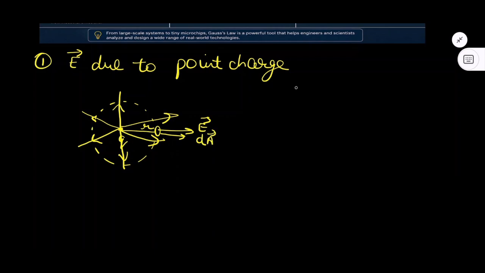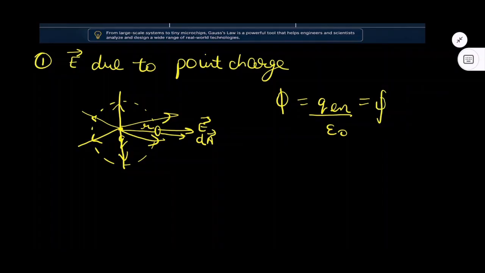Now from the Gauss law, we can say that flux is equal to the charge enclosed upon epsilon naught, and we also know that flux for the closed surface will be the integral of E dot dA, right? So we can solve this integral and we'll get the electric field which we know for the point charge.